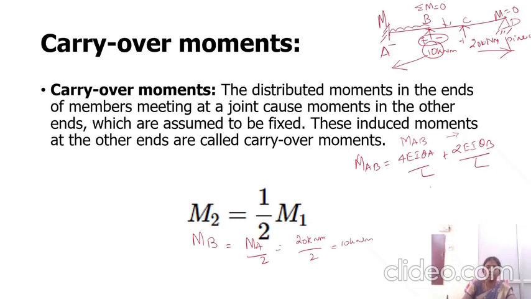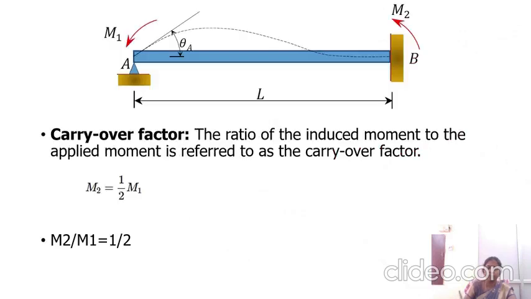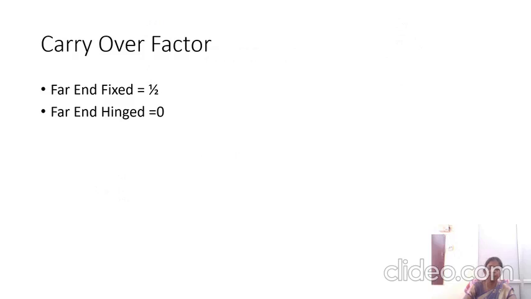You can carry half of the moment to the intermediate support also. The carryover factor is half. If you consider this point A, then this moment can be carried half of the value to the next support. Here I am giving the abstract: far end fixed, the carryover factor is half. Far end hinged, the carryover factor is 0.